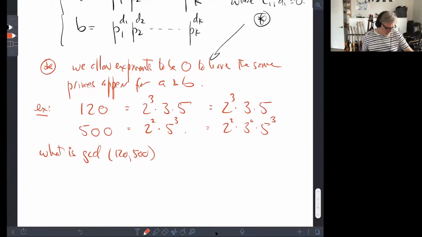Okay, so the GCD of 120 and 500. I'm looking for a divisor of these two numbers which is as big as possible. Now take a look at this. That's the key.